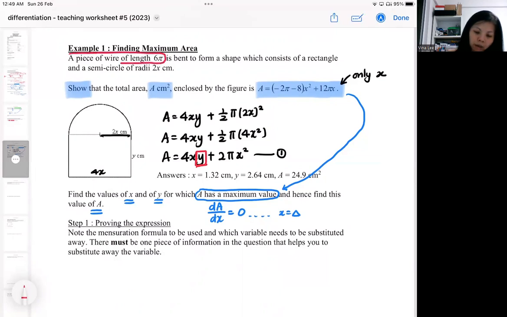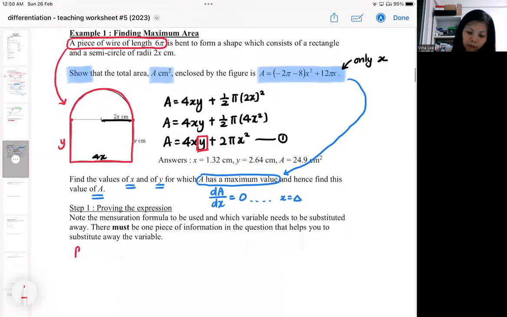So the wire will tell you about the perimeter. That means the wire can go around the perimeter. So I'm going to make use of that piece of wire. So the perimeter is going to be 6 pi.